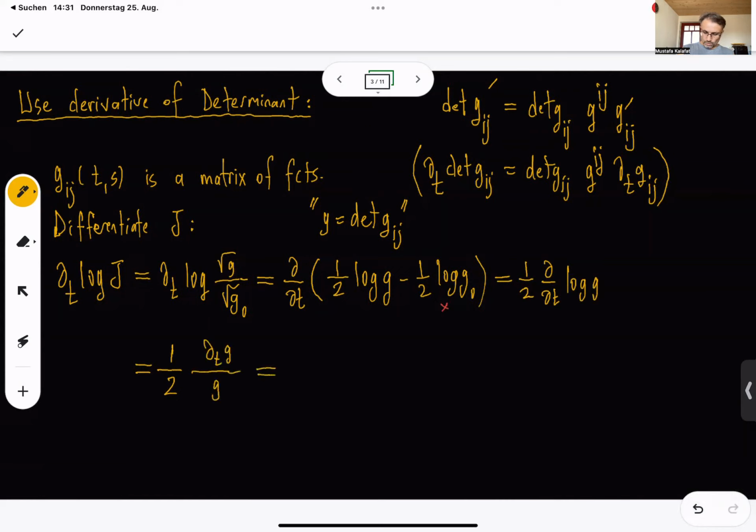Here we can plug in the derivative of the determinant.